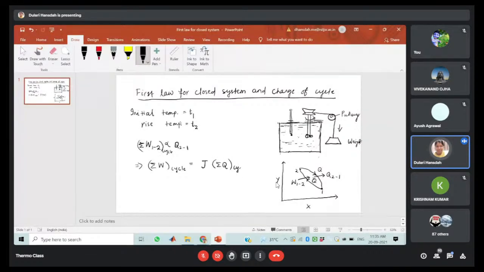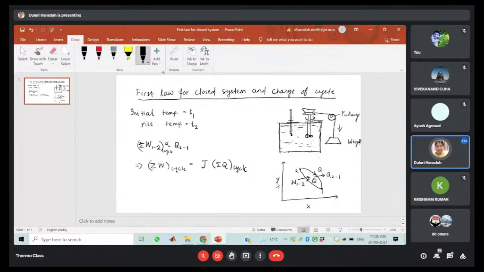So in a complete cycle, all energy input will be equal to the energy output. So this work and heat transfer in the cycle can be written by putting the proportionality constant, that is the Joule equivalent.